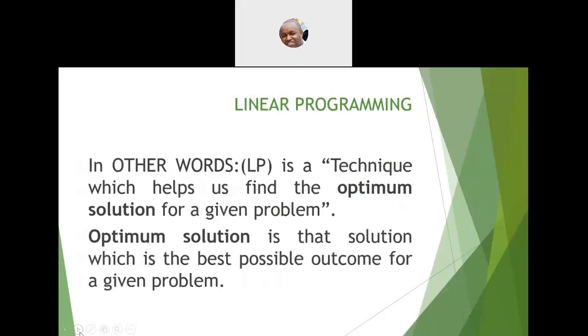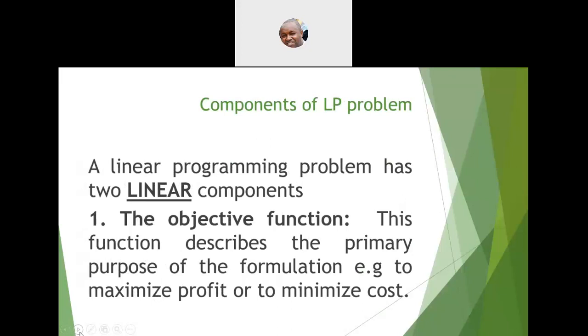But what is an optimum solution? An optimum solution would be that which should give us the best possible outcome for a given problem. So our goal is always to meet our objective, but doing so in a way that we get the best possible solution.